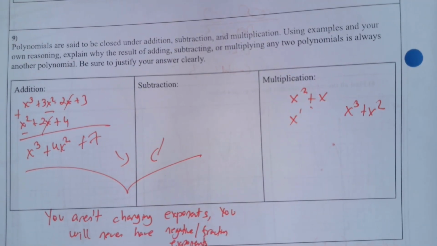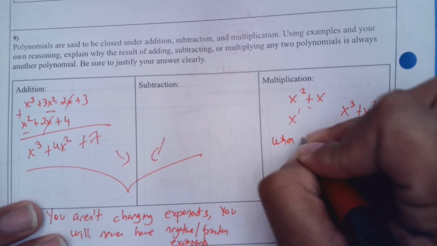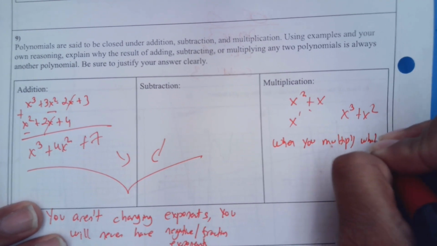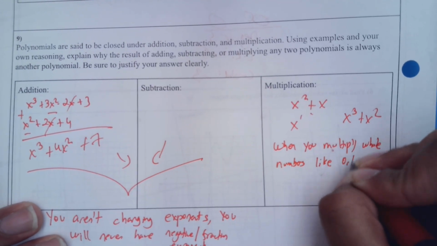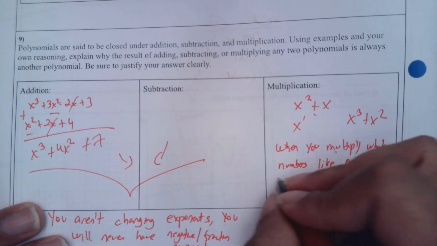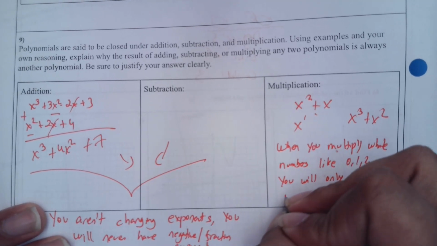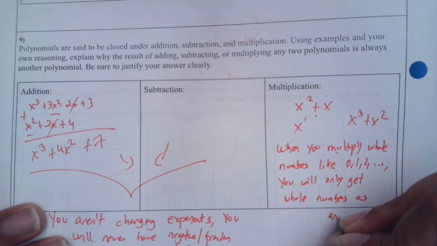We know that, I mean it's not a question, it's a statement. All of the exponents, if it's already a polynomial, are only going to be 0, 1, 2, 3, 4, 5 and so on. They are going to be whole numbers. Well, when you multiply whole numbers like 0, 1, 2 and so on, you will only get whole numbers as an answer.